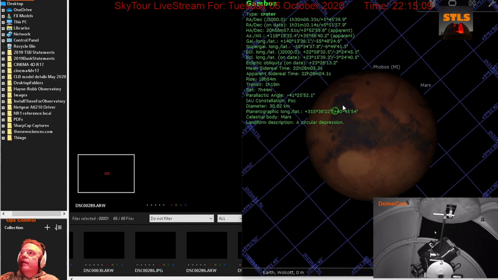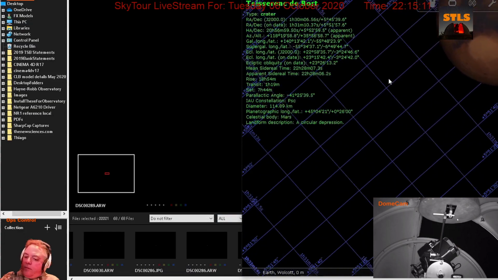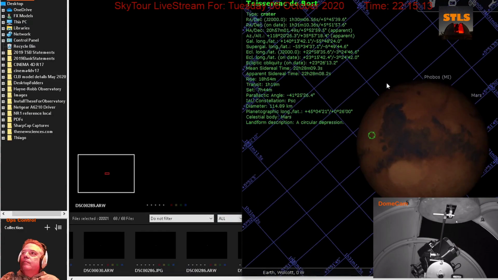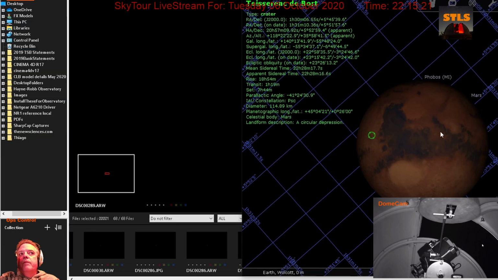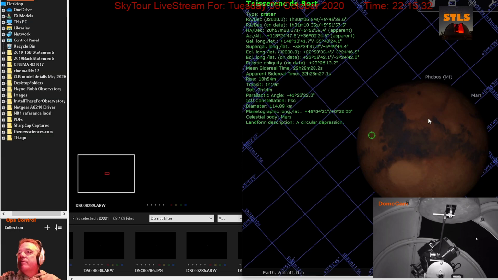And then we have Hellas Planitia right down here. There is a detail here which may or may not be there anymore right now. It depends on the season. Sometimes the darker areas that are underneath get covered up by the lighter silt.